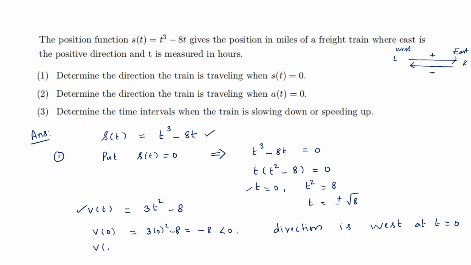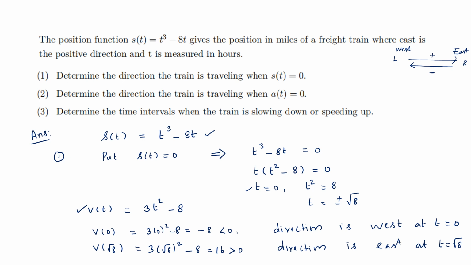So v of square root of 8 I have to find out, which is equal to 3 times root 8 square minus 8, which is equal to 16. It is greater than 0. So direction is positive. Positive means they are giving east. So direction is east at t equal to root 8.